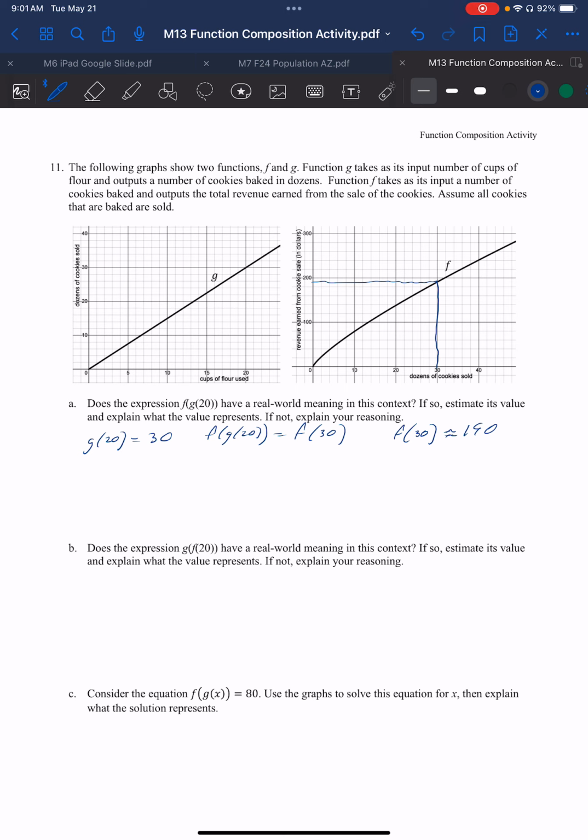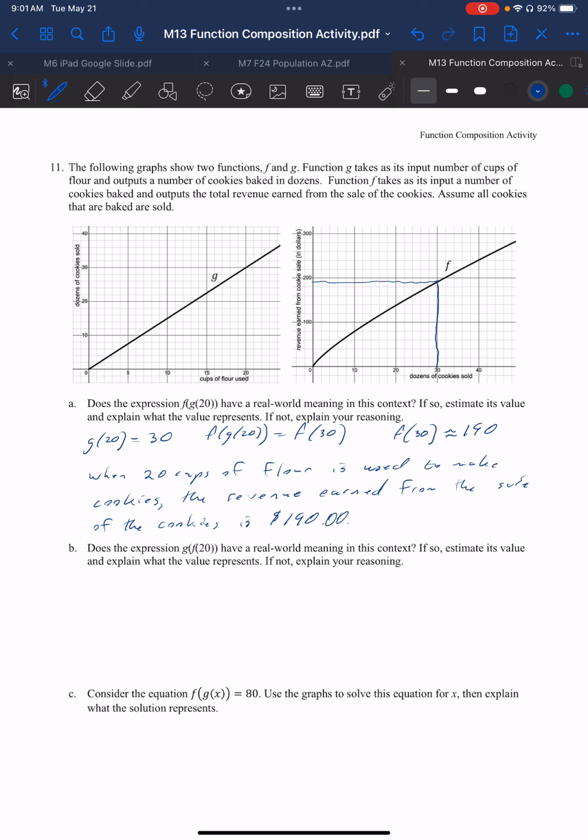So the meaning of this is, when 20 cups of flour is used to make cookies, the revenue earned from the sale of the cookies is approximately $190.